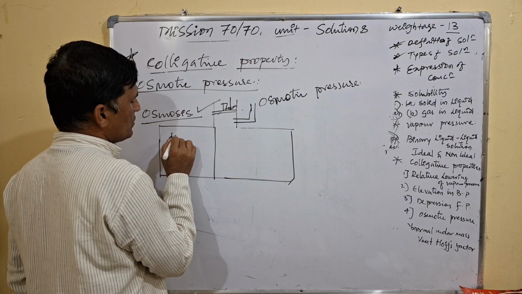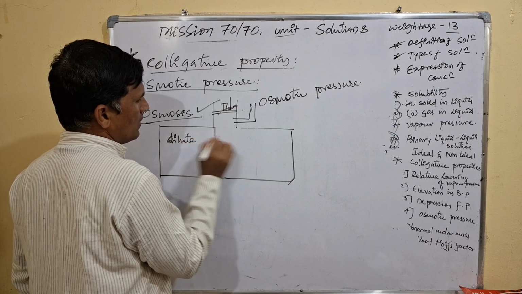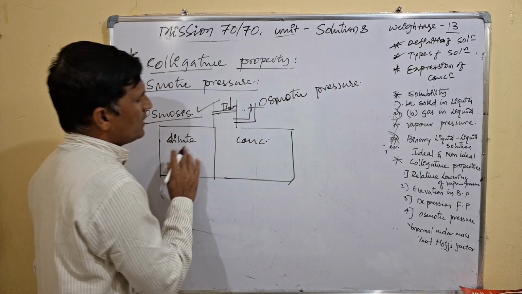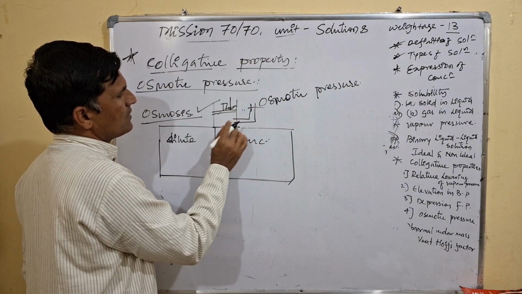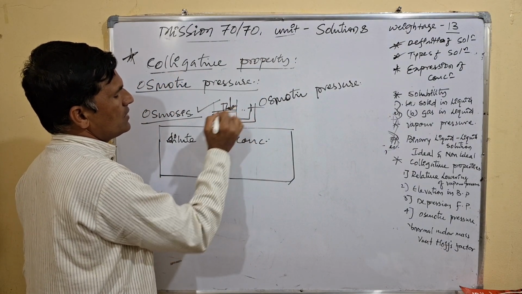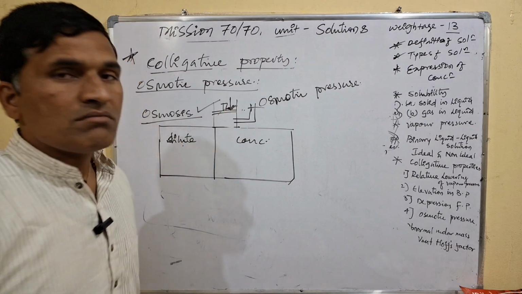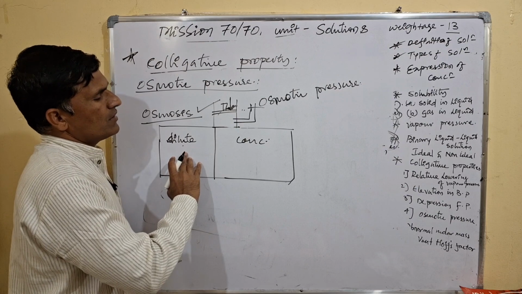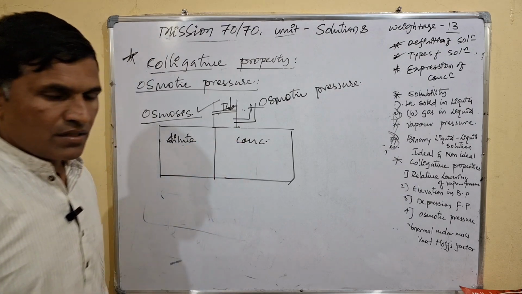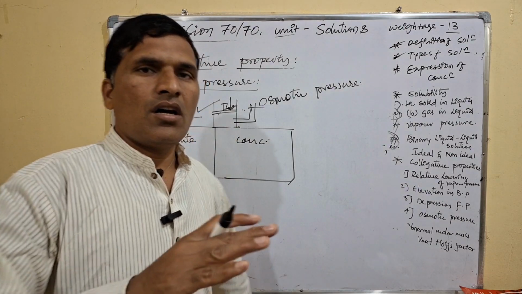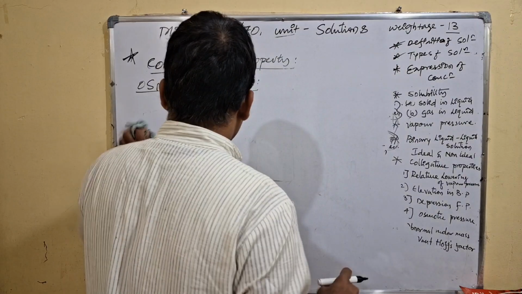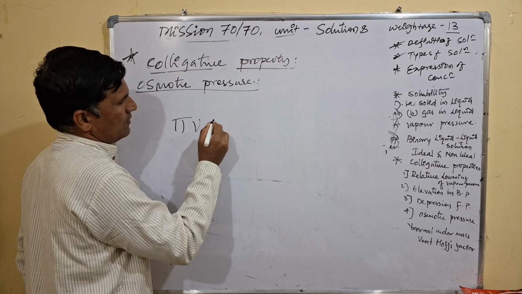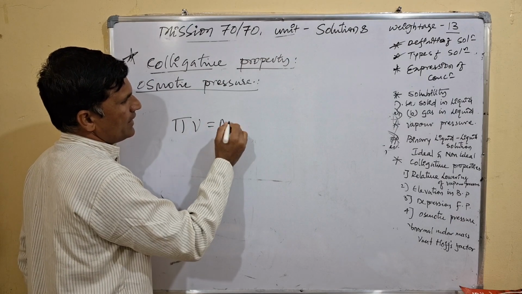One side you take dilute solution, another side concentrated solution. How much pressure you have to exert just to stop the migration of the solvent molecule from its higher concentration to its lower concentration, we call it osmotic pressure.